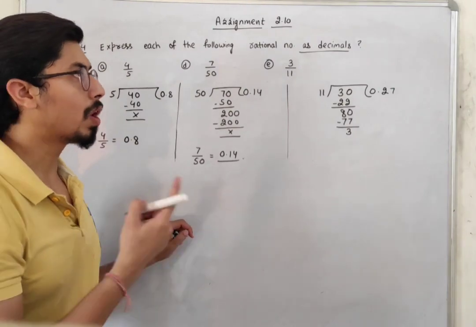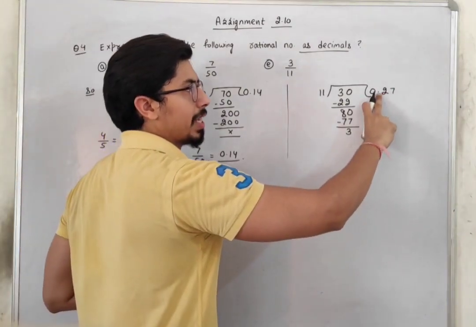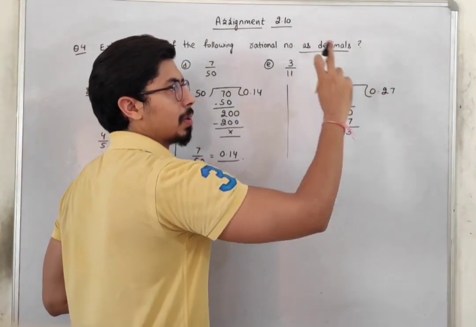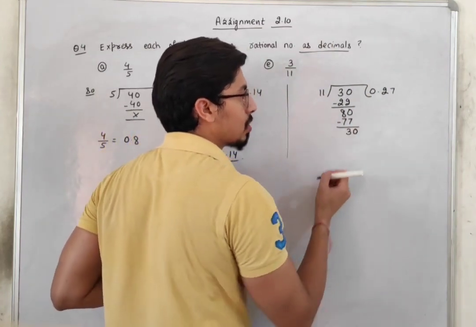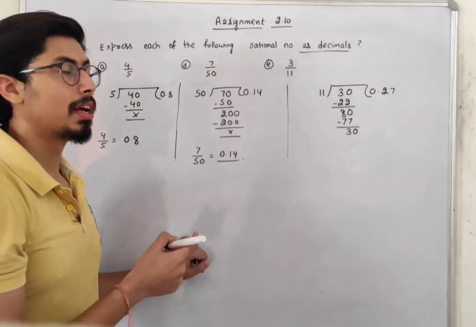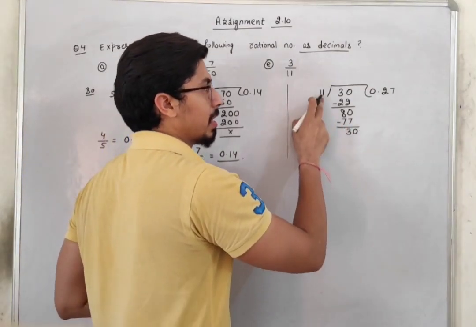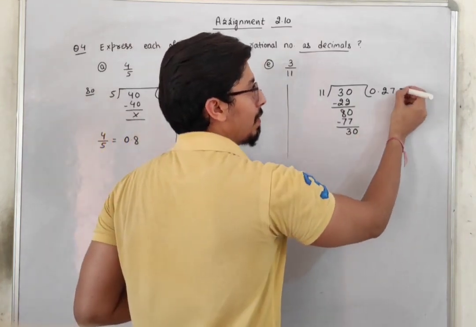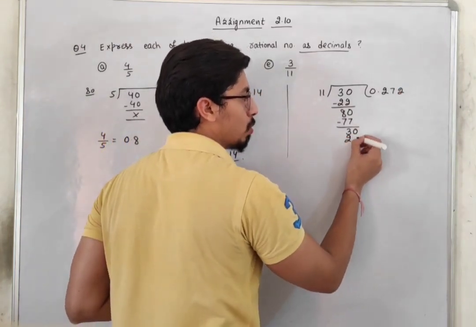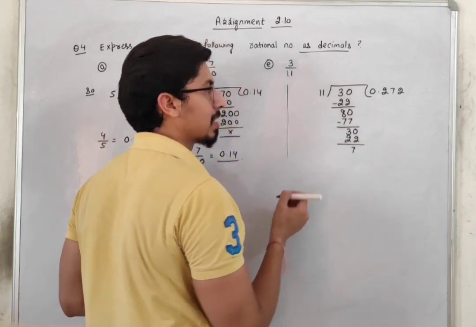Now again, we have already taken the decimal and 3 is less than 11, so I can place 0 here also. Taking 11, I have to form a number nearer to 30, so I will take 2. It will be 22, and the remainder is 7 now.